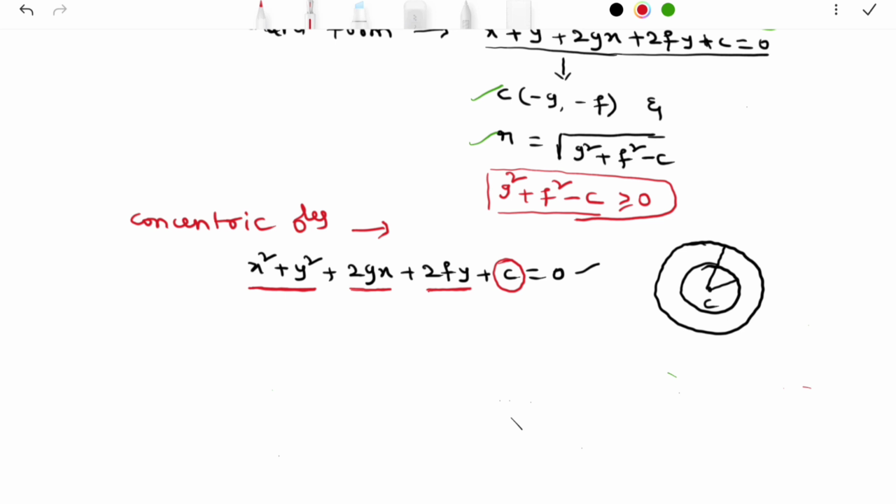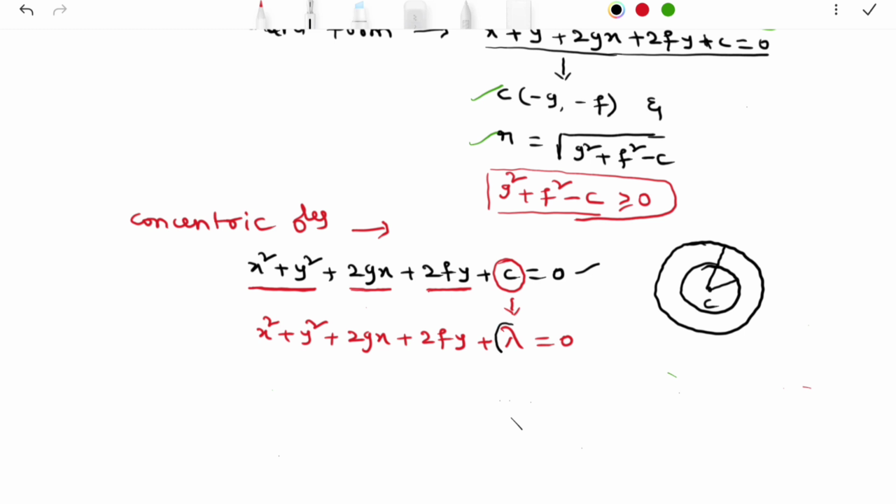So to get concentric circles, you have to change the constant value. Let it be, x square plus y square plus 2gx plus 2fy plus c is equal to lambda, that is, equal to 0. So here you are changing the constant in the given equation.